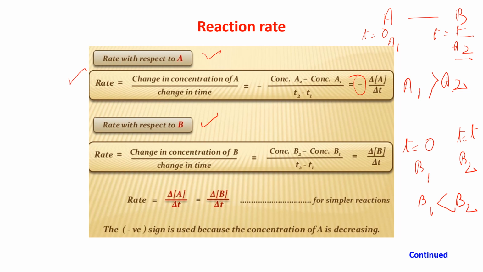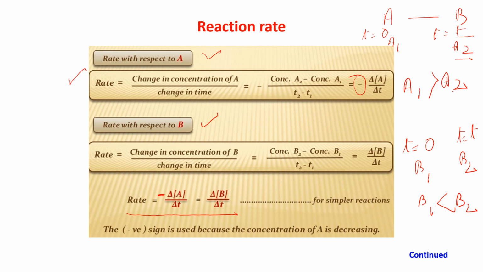So for the simpler reaction, rate can be written as minus delta A by delta T is equal to delta B by delta T. Both are the same.